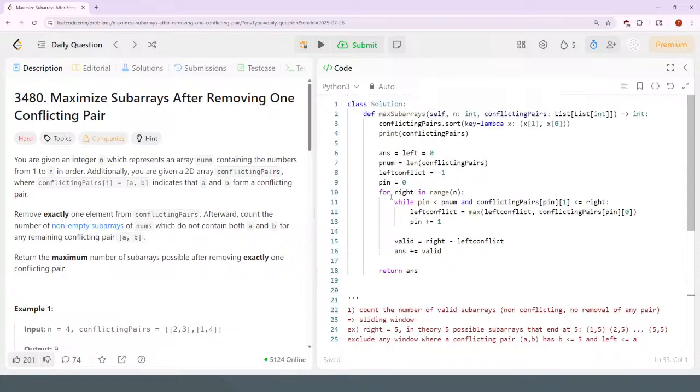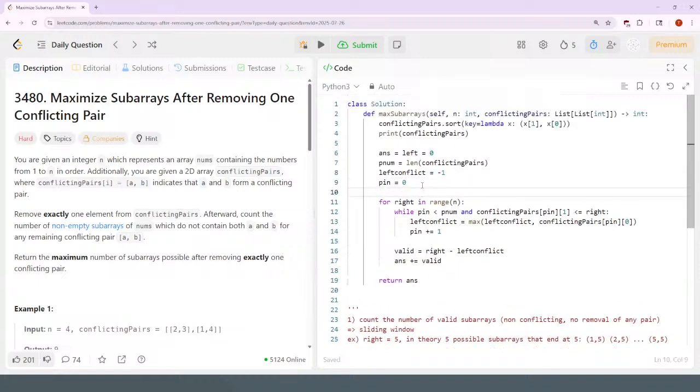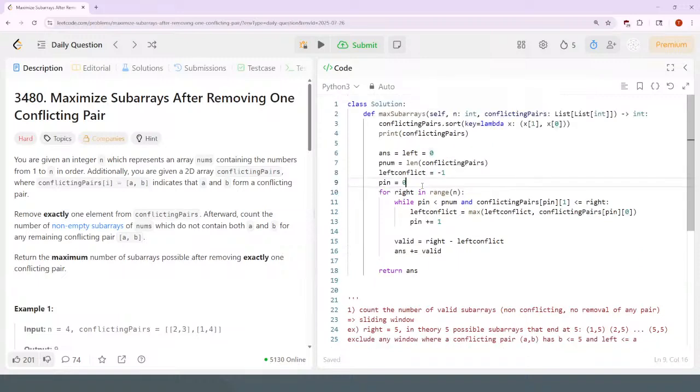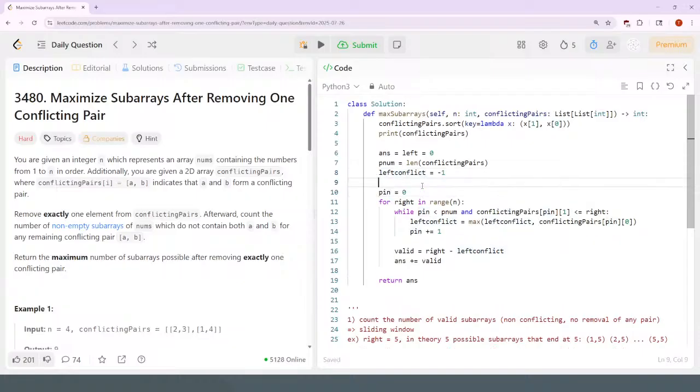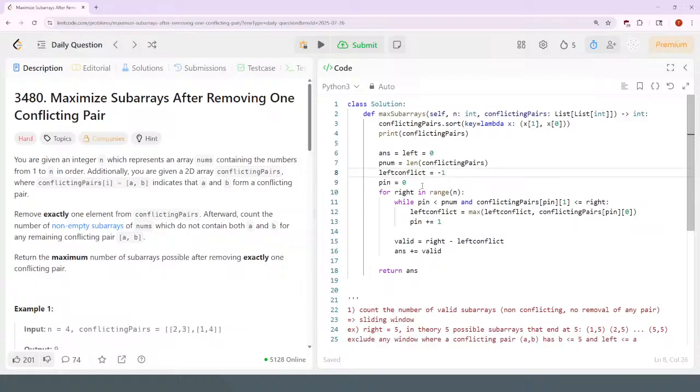So I think here I need to have an array based on the number of conflicting pairs. So let's say the pin is the conflict pair index. The left conflict is -1.